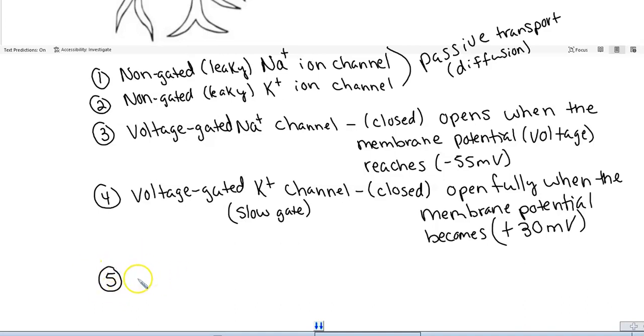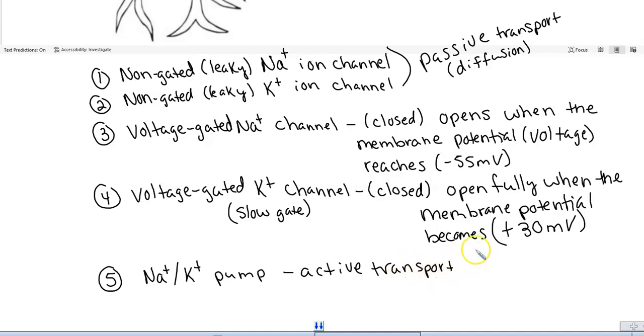And number 5 is actually, because I drew some ATP on them, something called the sodium-potassium pump. And what it does is a form of active transport. What does that mean? It means it takes ATP energy.